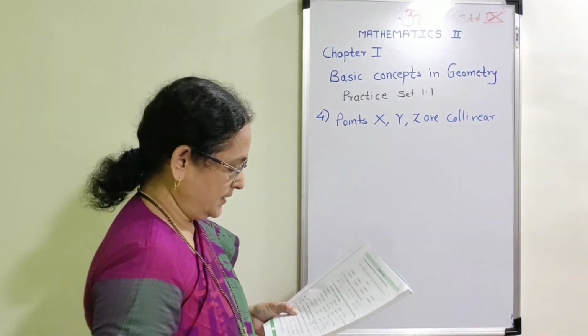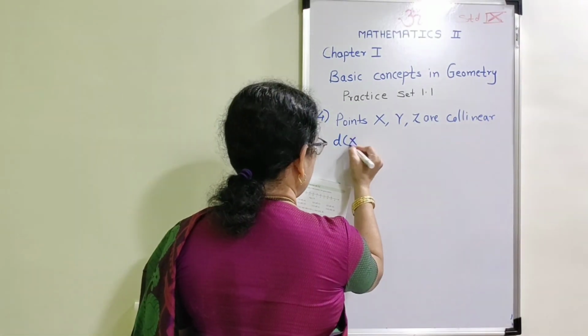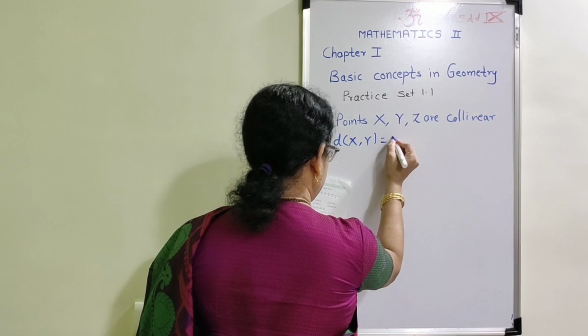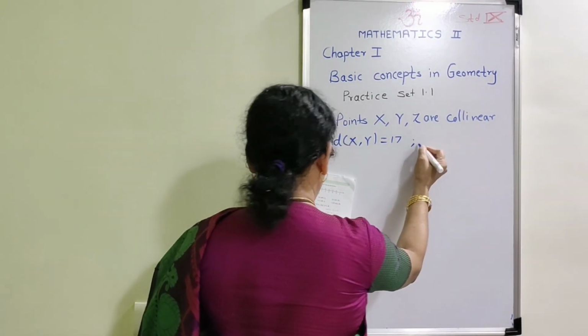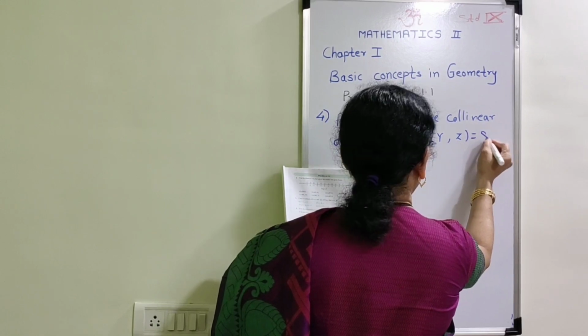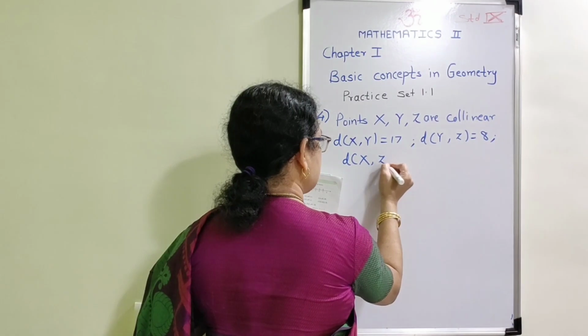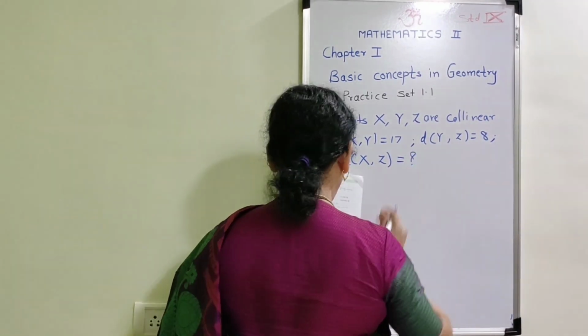Now write down the given distances. Distance XY is given as 17 and distance YZ is given as 8, and you are going to find out distance XZ, that is how much.